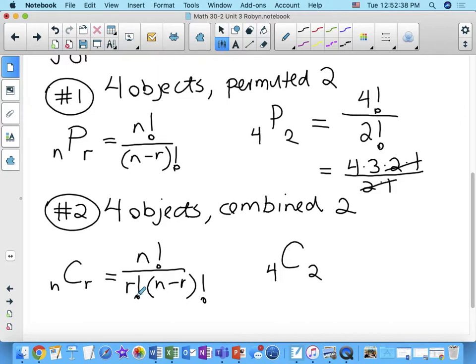Now if we look at what this would look like, in the numerator our n, again, is still 4, so 4 factorial over, r is 2, so 2 factorial, and then what's n minus r? 4 minus 2 is 2. 2 factorial.